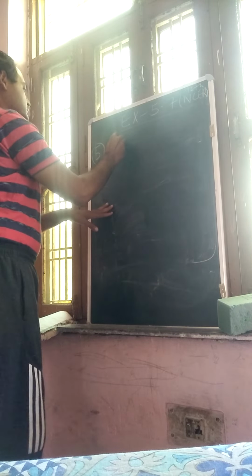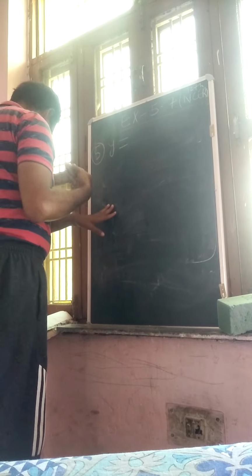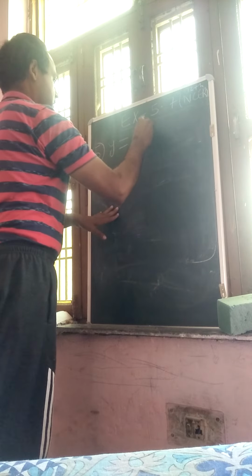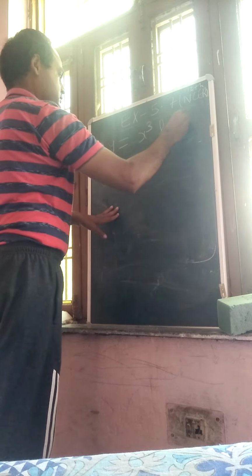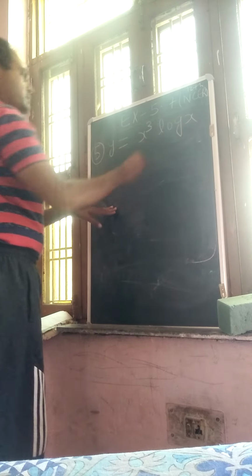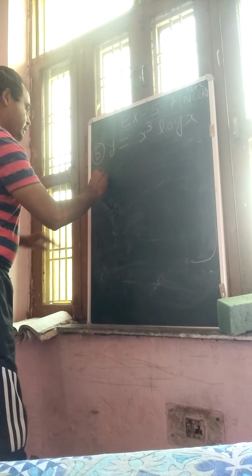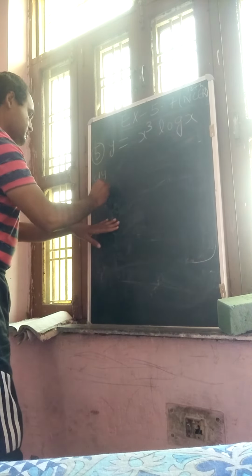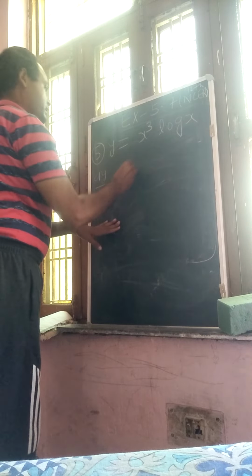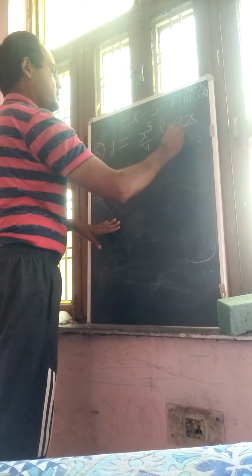y equals x to the power 3 log x. First of all, find dy by dx. Very easy, u and v. This is u and this is v.